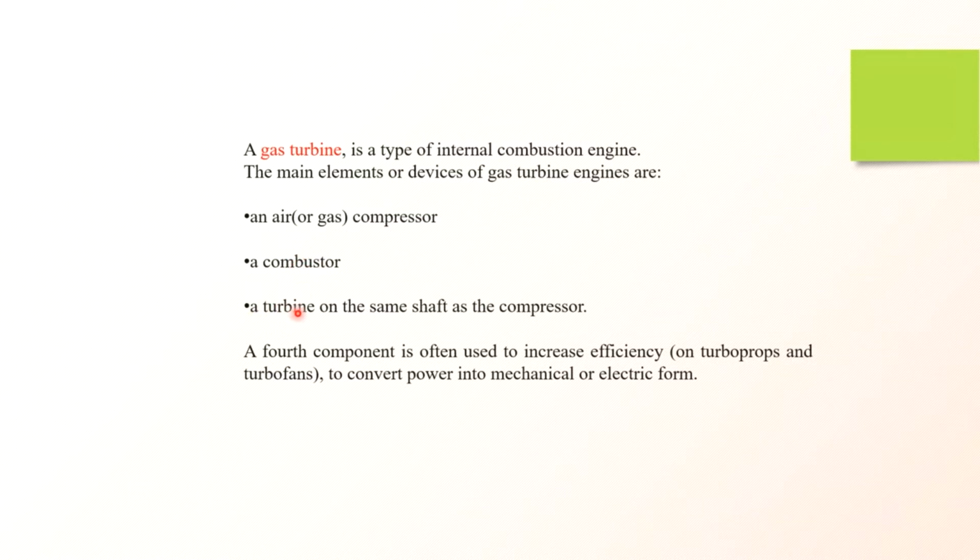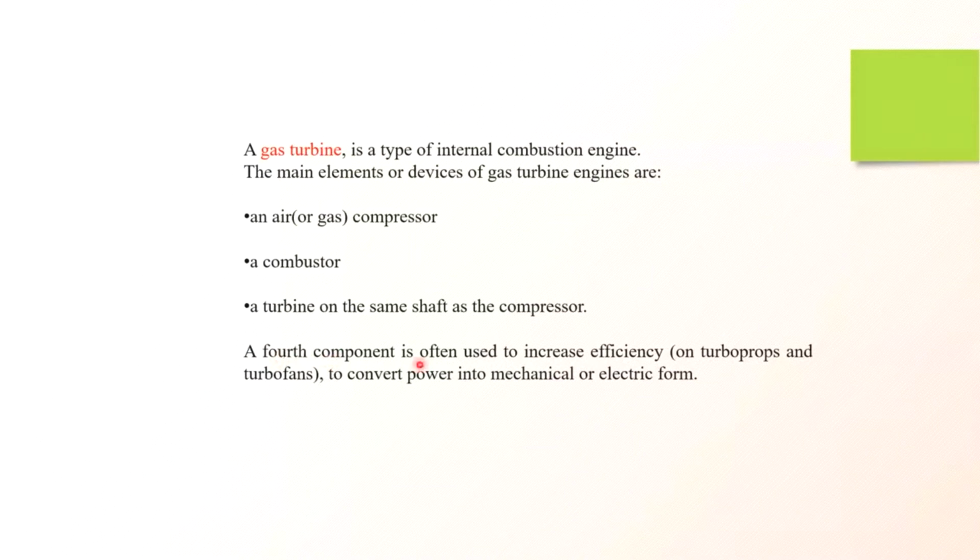Now a turbine is used to extract the heat energy that is within the gas, and then it drives the compressor and also a generator if a generator is attached to it, to convert to axial thrust or especially electrical energy or power.